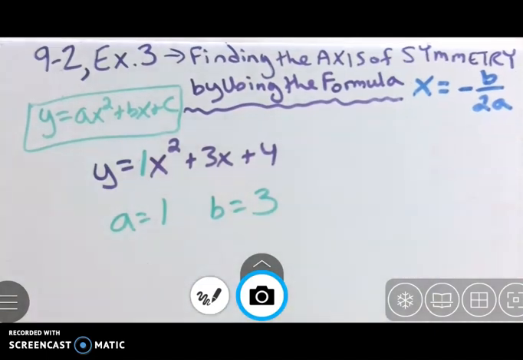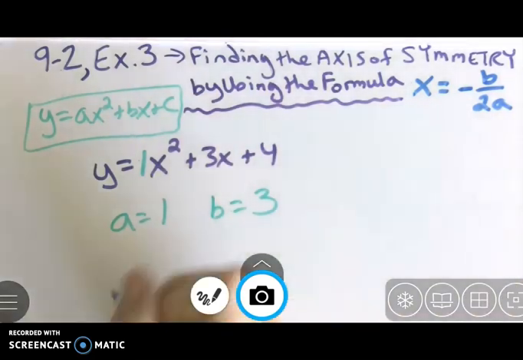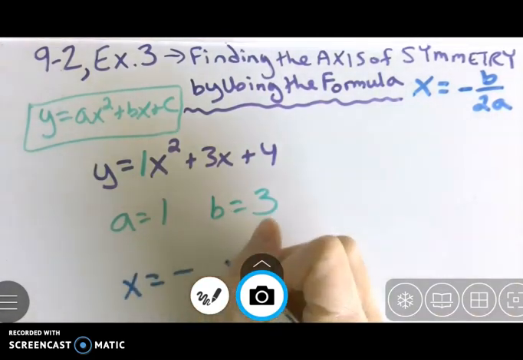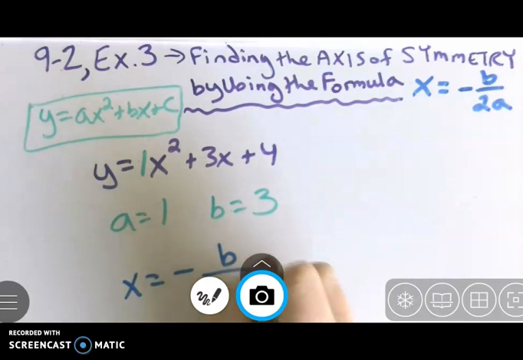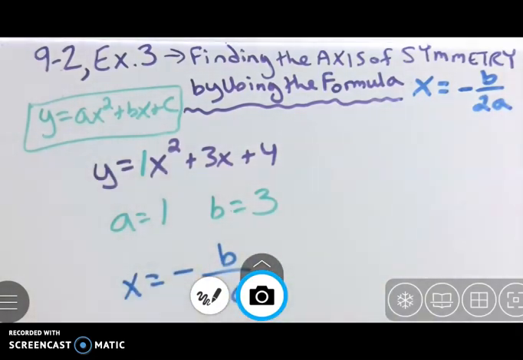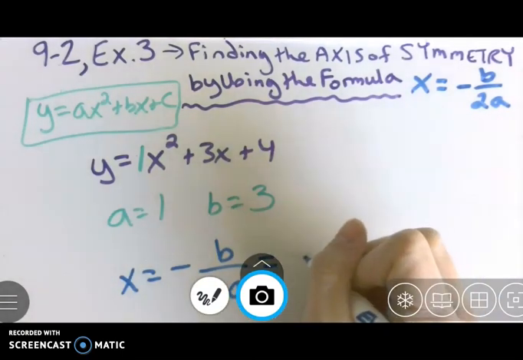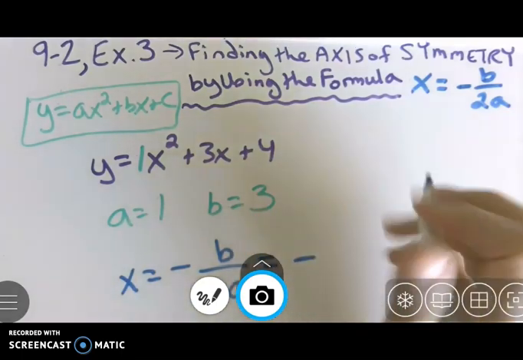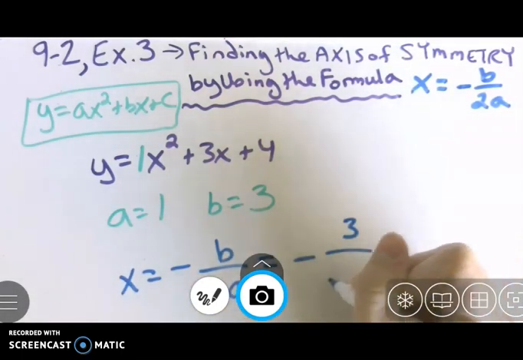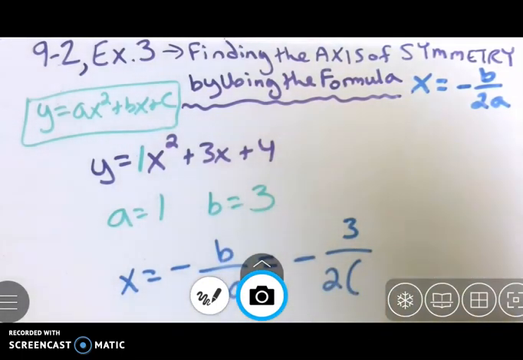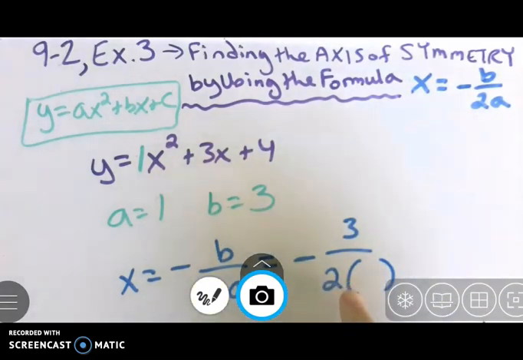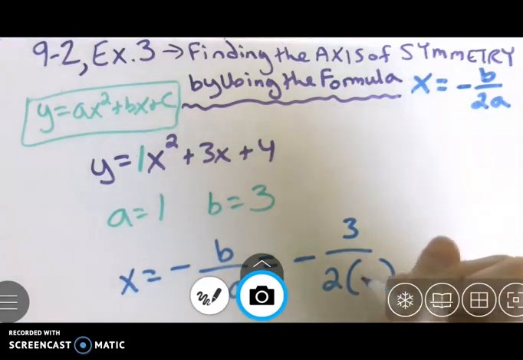Now that I've identified a and b, I'm going to use the formula to find the axis of symmetry. The formula is x equals -b over 2a. All I'm going to do now is substitute. So I write my negative b, which is 3, over 2a, which means 2 times a, so I'm going to put a set of parentheses here to indicate that this is multiplication. 2 times a is 1.